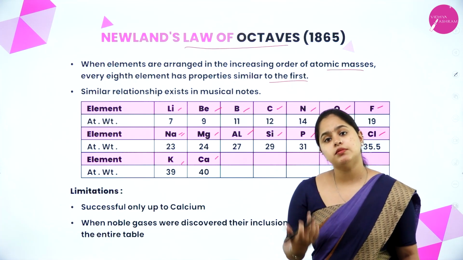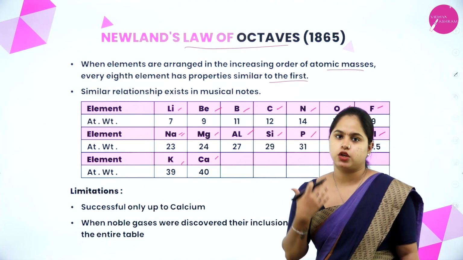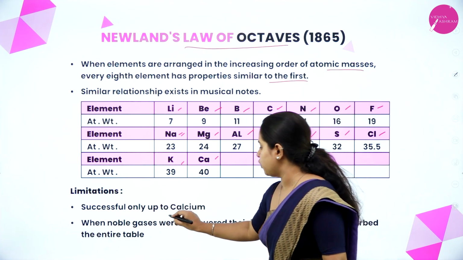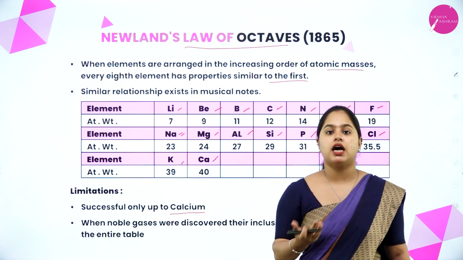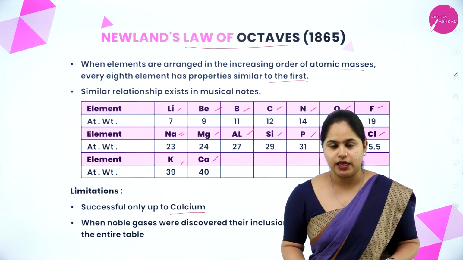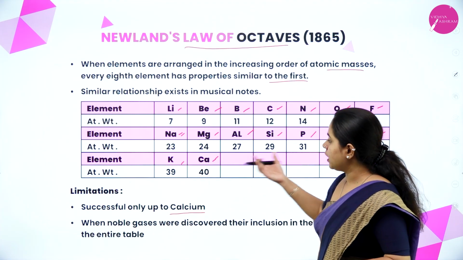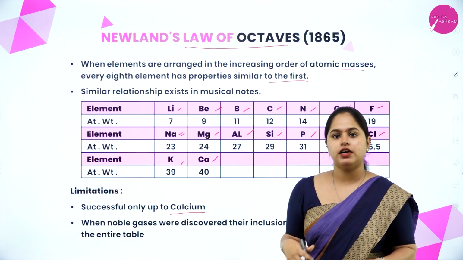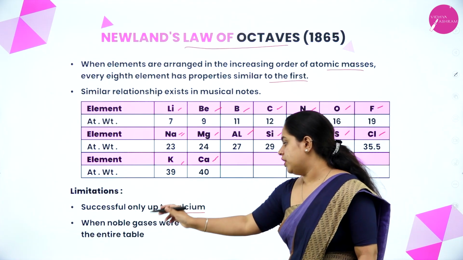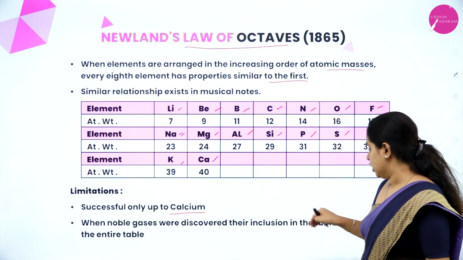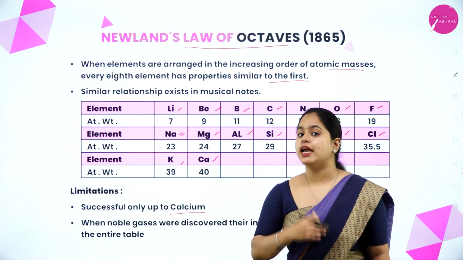So what was the limitation of Newland's law of octaves? It was successful only up to calcium. Only up to calcium could this classification be done. After calcium, the elements that were discovered could not be included in this table. Clear? Then when noble gases were discovered, their inclusion in the table disturbed the entire table.